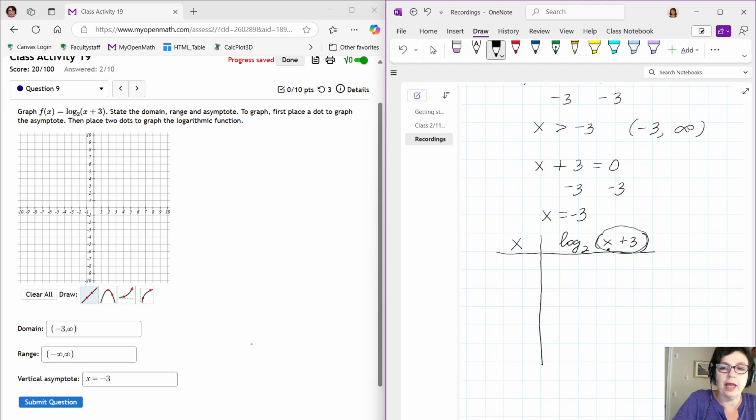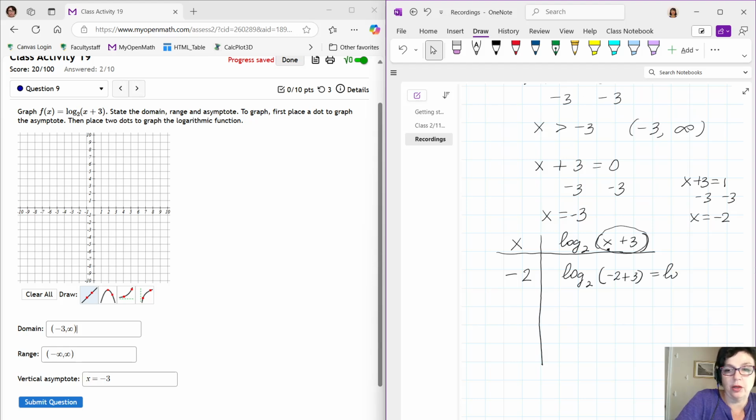Well, if I set x plus 3 equal to 1, by subtracting 3 from both sides, you can see that that's negative 2. So if I were to plug in negative 2, what do I get? Log with base 2 of negative 2 plus 3, but that's 1. And again, log of 1, that's why I chose it, with any base, it's just going to be 0.